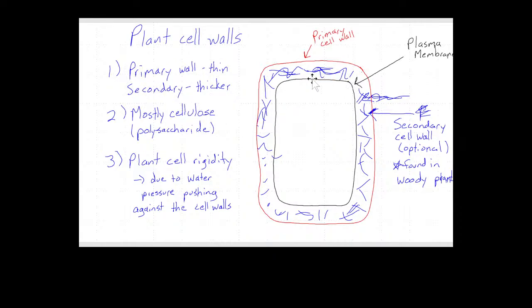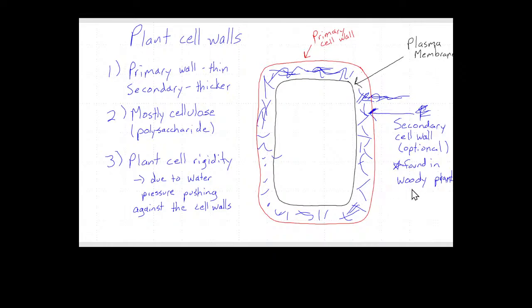So in the drawing, the black line here is the inner or the plasma membrane. The red line on the very outside is the primary cell wall. And if you have a plant cell with the secondary cell wall, it'll be situated between the primary cell wall and the plasma membrane.